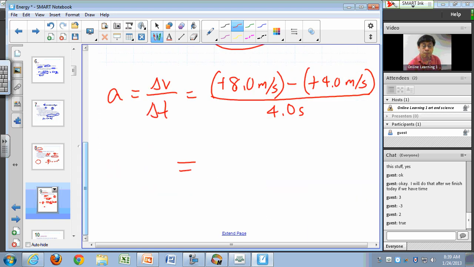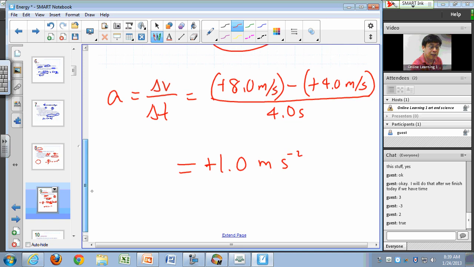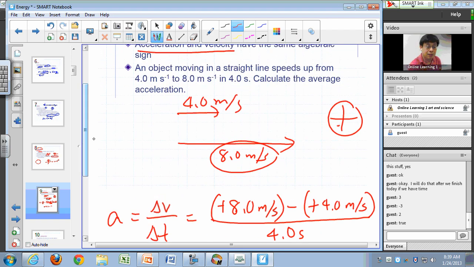So 8 minus 4 divided by 4, that's 1.0. So that's positive 1.0 meters per second squared. You'll notice your acceleration is positive and your velocities are also positive.